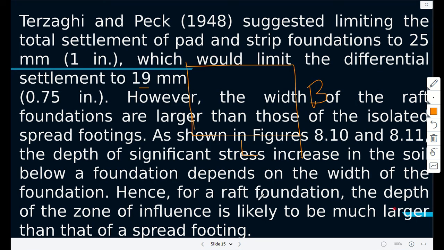Hence, for a mat foundation, the depth of the zone of influence is likely to be much larger than that of a spread footing. If this is the pad, maybe the area of influence would be just around there. But if you have something this large, then you would have a much larger influence area. That's what we are saying.